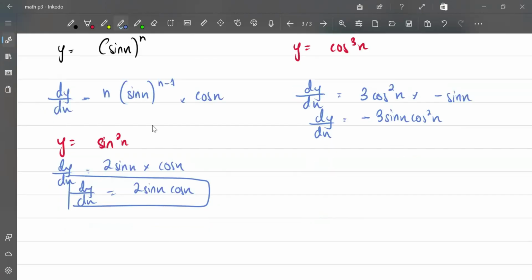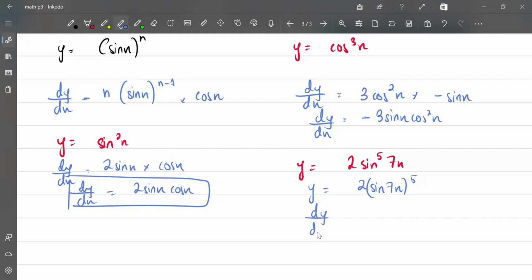Let's say we have y is equal to 2 sine 7x to the power 5. Let's just write it again first for the sake of simplicity. All right.